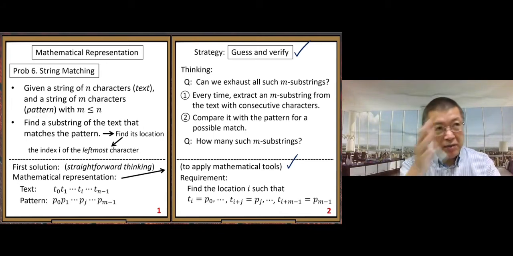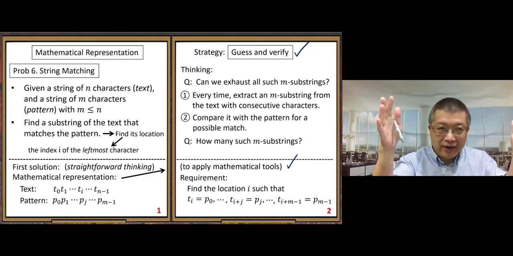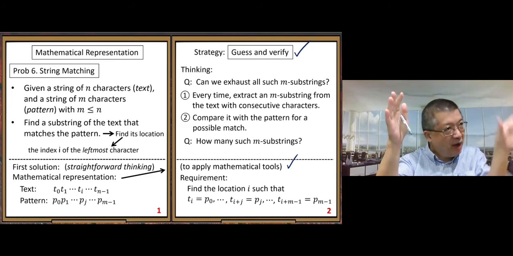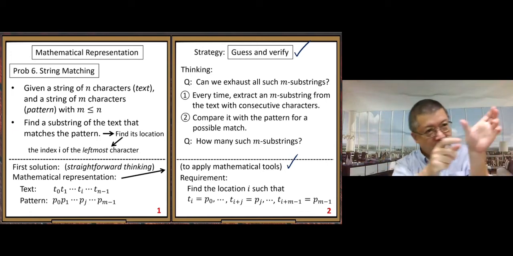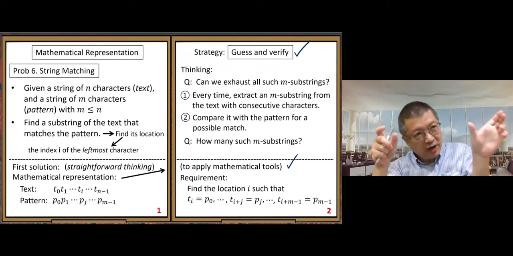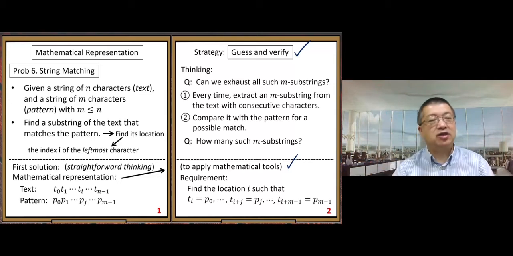So here, let me show you how to use that guess and verify strategy. Let's make a guess. What's the answer to this question? Because the total length is n characters, and one substring occupies m characters, you start from the left, then count until you reach the right end of the text string.